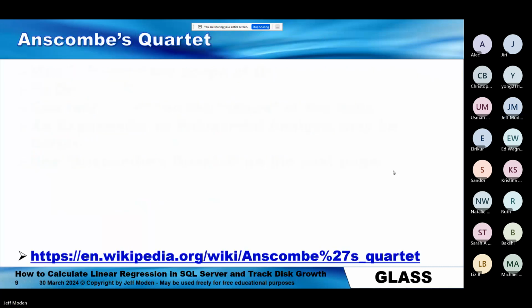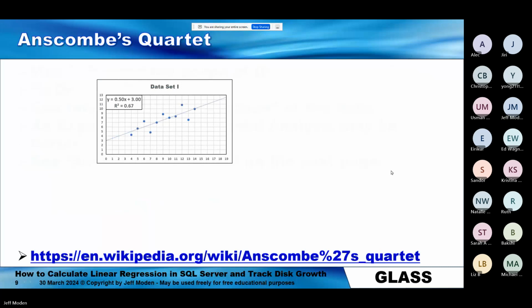And the link for the wiki is down here at the bottom. What he did was he made some data and then made a chart of it. It's a very simple linear regression example. We've got the linear trend line in there. This is actually an Excel spreadsheet. I took his data and made an Excel spreadsheet out of it.